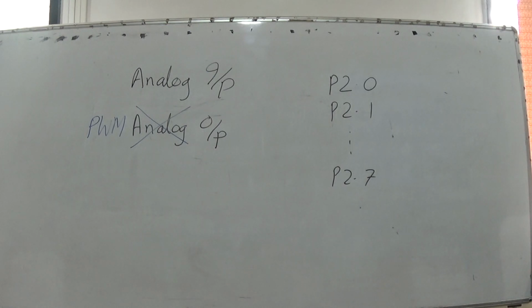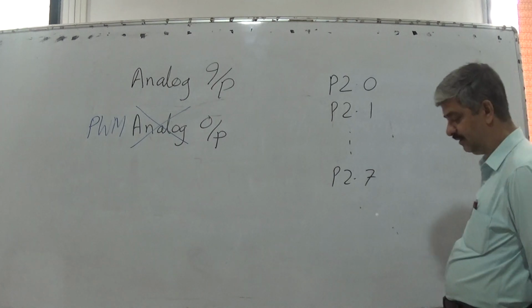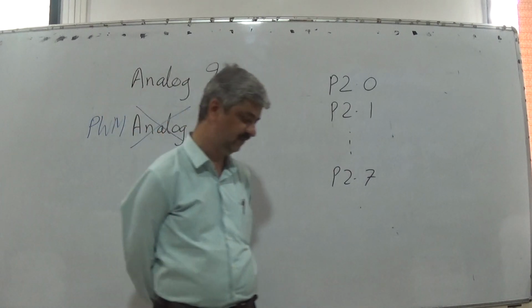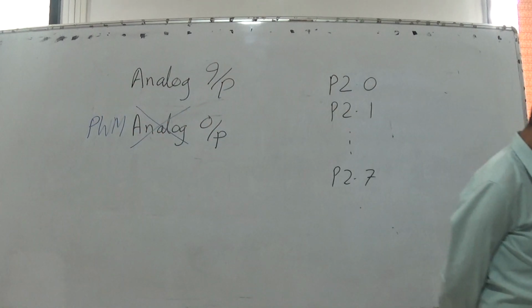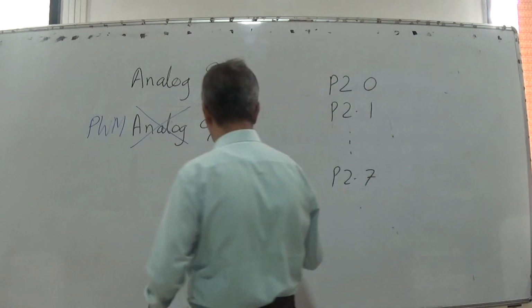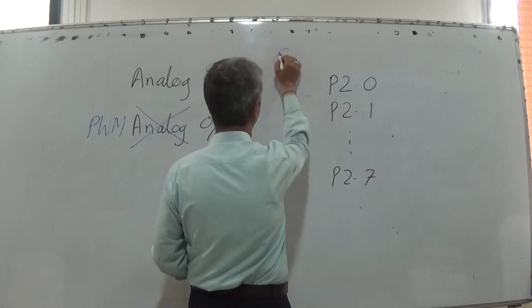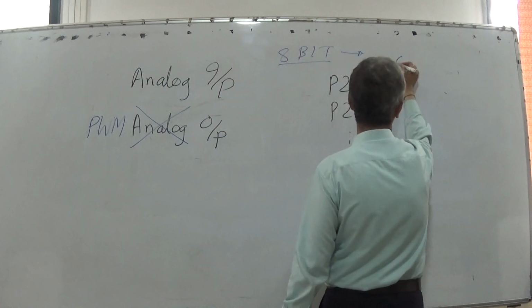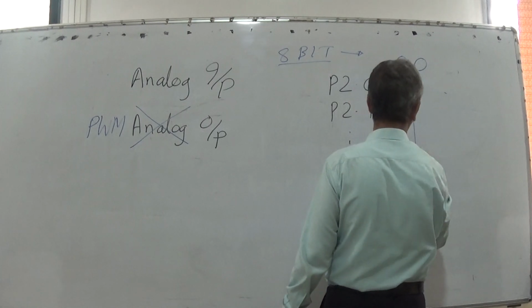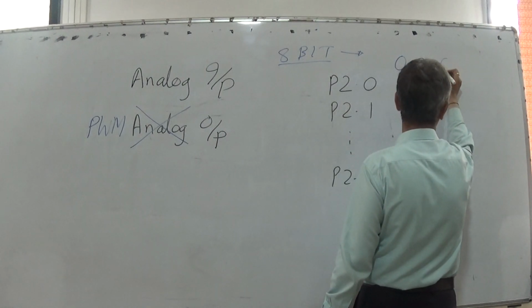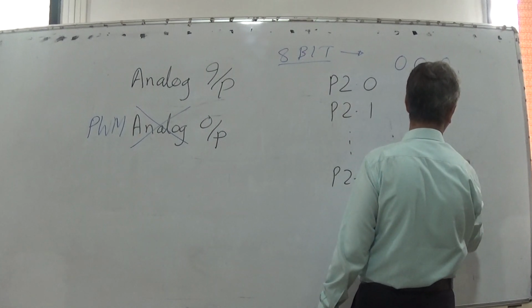2 weeks before. So 5 volts is converted into FF. You can actually preset that. Suppose I am using an 8-bit ADC, then the 8-bit ADC will have a range of 00 to FF hex, in decimal 0 to 255.